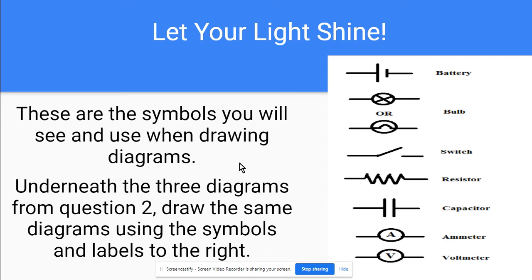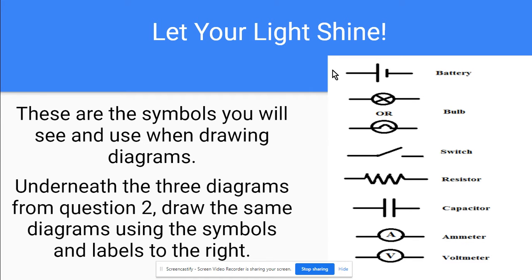So I want you guys to go and, instead of drawing an actual battery, use the first picture here to symbolize a battery. For a regular wire, you're just drawing straight lines to connect it to the bulb. You can use either picture, but the most common one for the bulb is the one with the X in the middle.